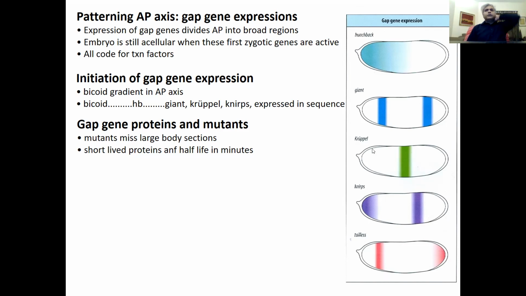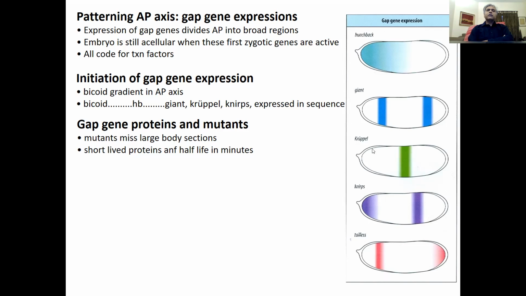Okay, so now we are going to see again anterior posterior pattern formation or axis formation. And we are going to continue after maternal genes.